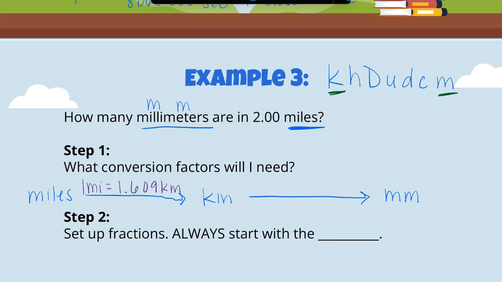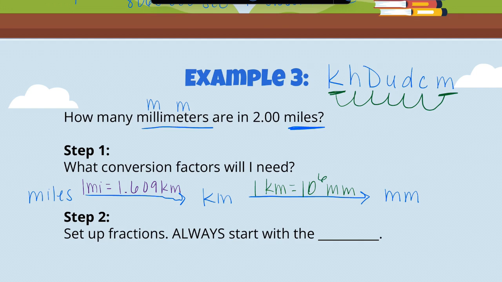And when I do this, I can see that kilometers are larger, so it's going to be 1 kilometer is 10 to the something millimeters. And how I figure out how far away it is, I see how many jumps it is. 1, 2, 3, 4, 5, 6. So it's going to be 1 kilometer is 10 to the 6th millimeters.